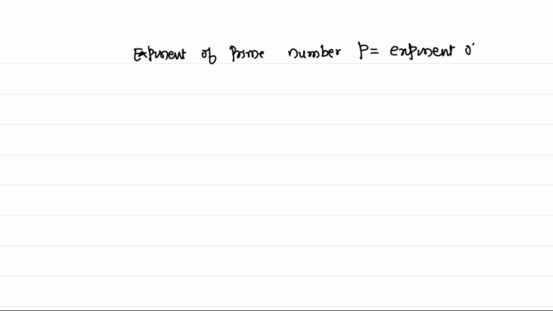Then the exponent of 2. We want to find out the exponent of 2, because 2 is a prime number. Then the exponent of 2 in factorial 100 is given by, what is the formula?